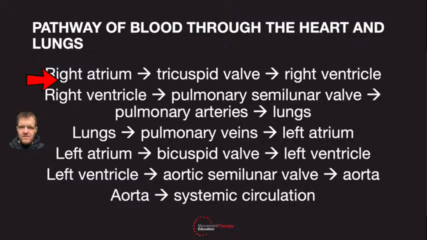So deoxygenated blood, right atrium, tricuspid valve into the right ventricle, then the right ventricle through the pulmonary semilunar valve, pulmonary arteries into the lungs, from the lungs to the pulmonary veins, left atrium through the bicuspid or mitral valve into the left ventricle, and then the left ventricle, aortic semilunar valve into the aorta, and then from the aorta to the systemic circulation. So that's the whole flow that we've just looked at for the heart. So hopefully that all makes sense.